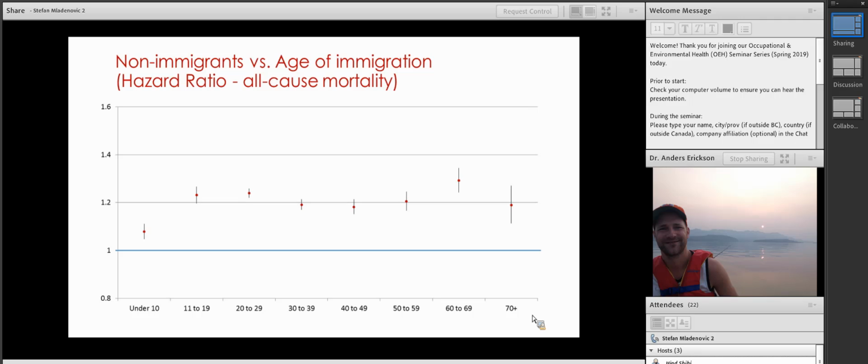And then with age of immigration, again, you see across all ages these higher hazard ratios for non-immigrants compared to immigrants, irrespective of age of immigration.